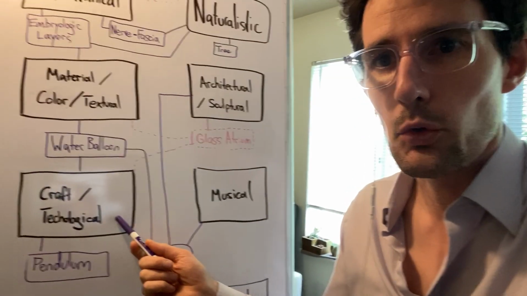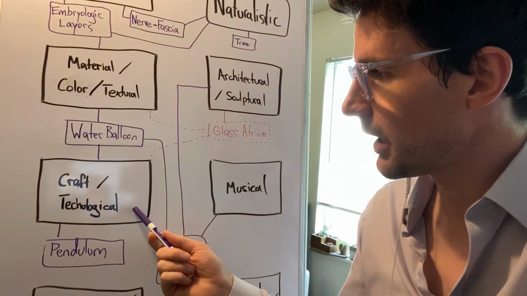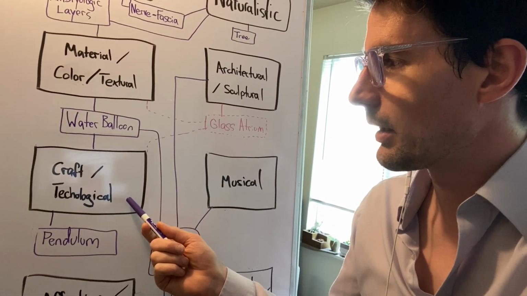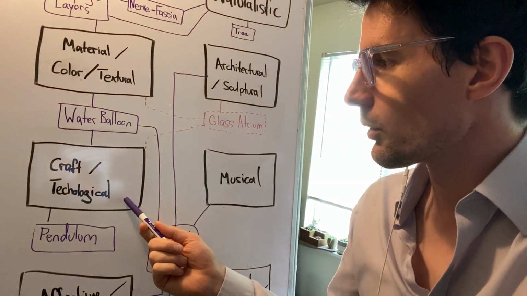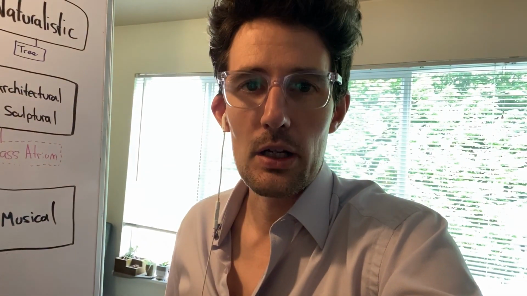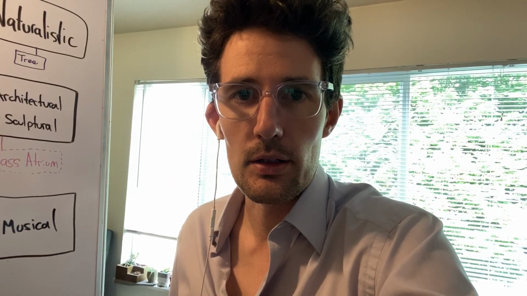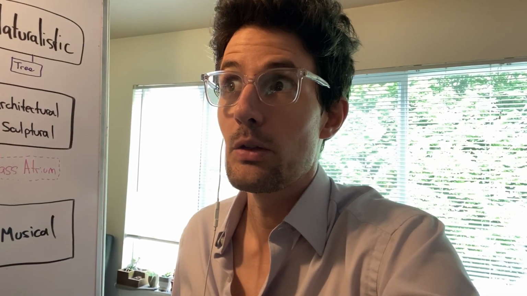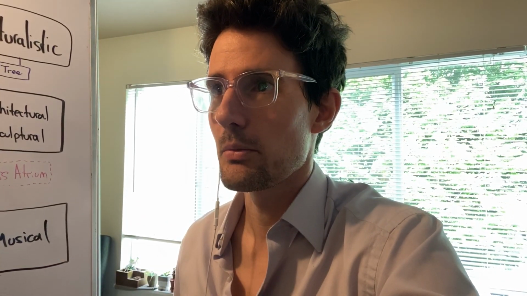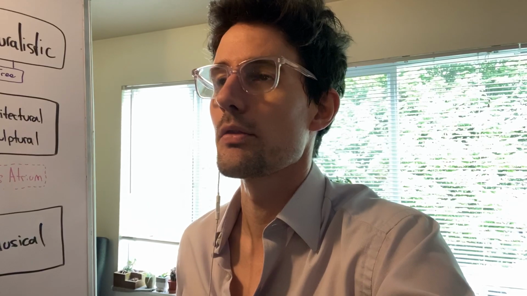There are craft and technological body maps. So comparing your body to an engine, or comparing your body to a loom, or something like that. All sorts of objects of craft, objects of technology, things that we have made work for us. In the same way we can sometimes make work our felt sense.